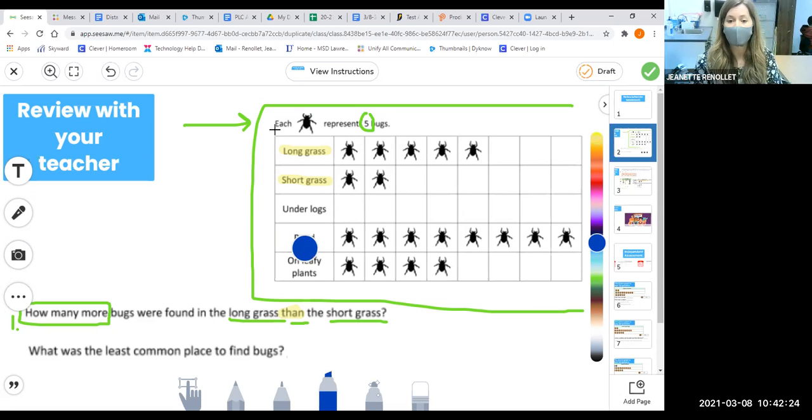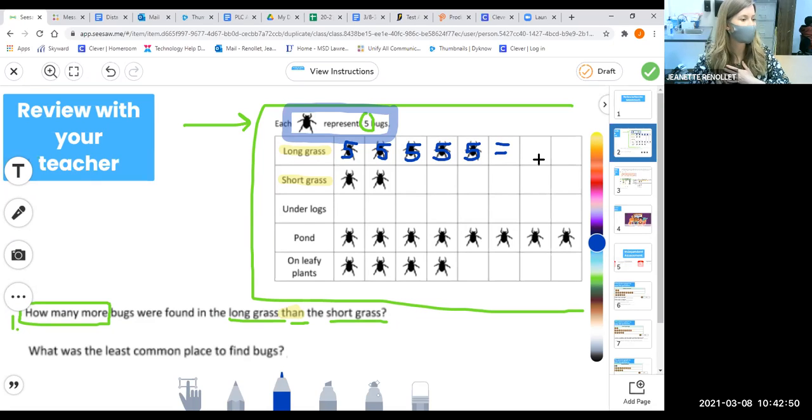So remember, my scale is counting by 5s. Each picture equals 5 bugs. So let's find out how many bugs were in the long grass. Let's count by 5s. 5, 10, 15, 20, 25.